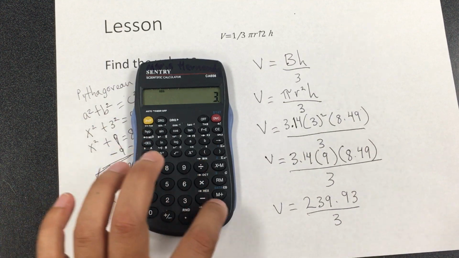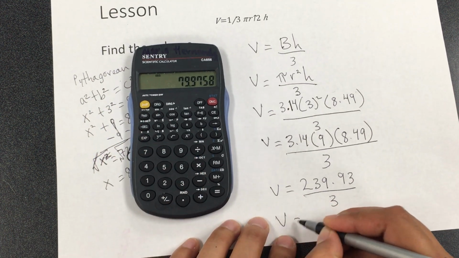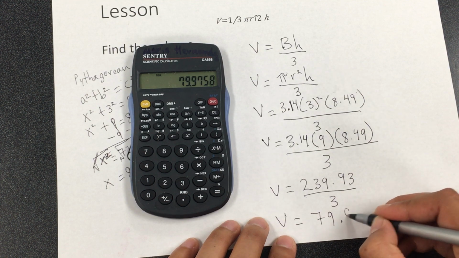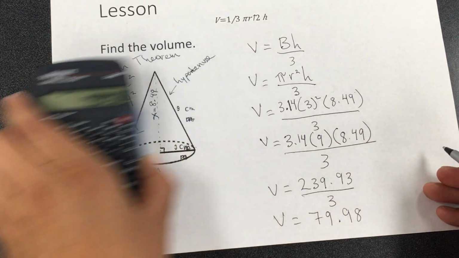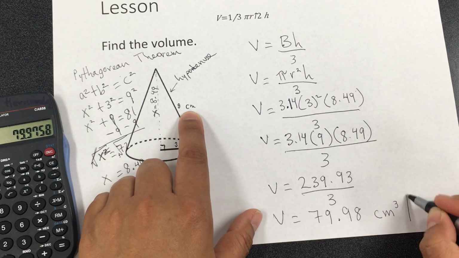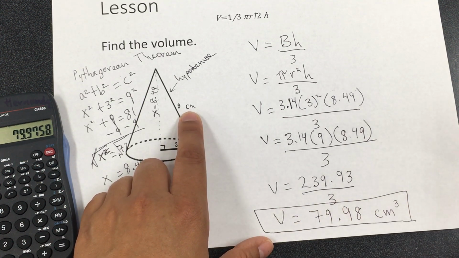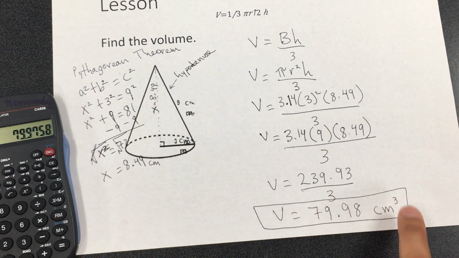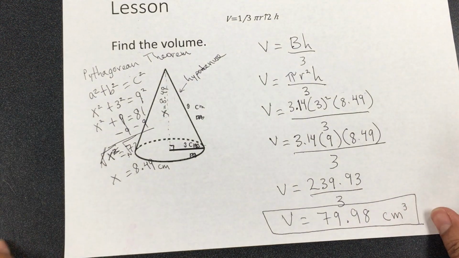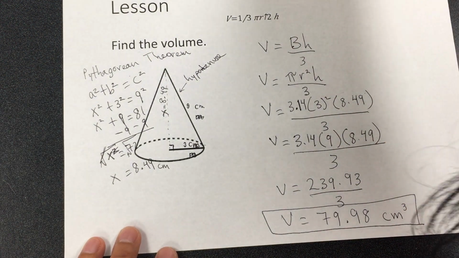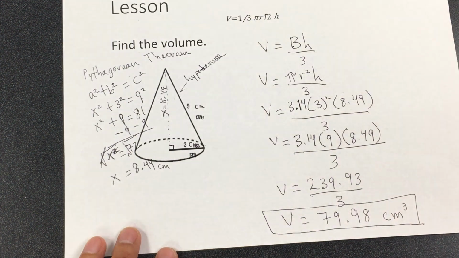So divided by 3 is equal to, the volume is 79.98. We go to the unit and it's centimeters, so it's cubic centimeters because it's volume. Volume will always be cubic, okay? So with this, you're now able to work on lesson 11.3 and have fun.